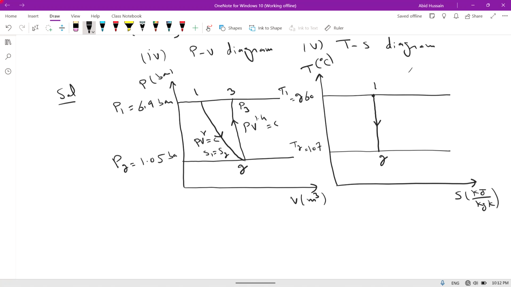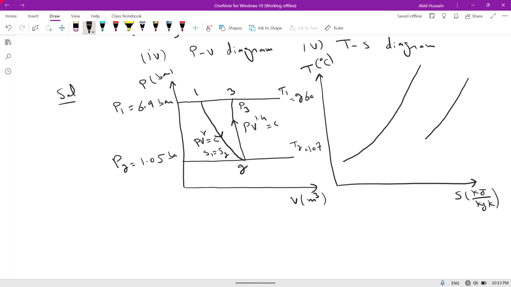And we can draw the constant pressure lines and the constant temperature lines.